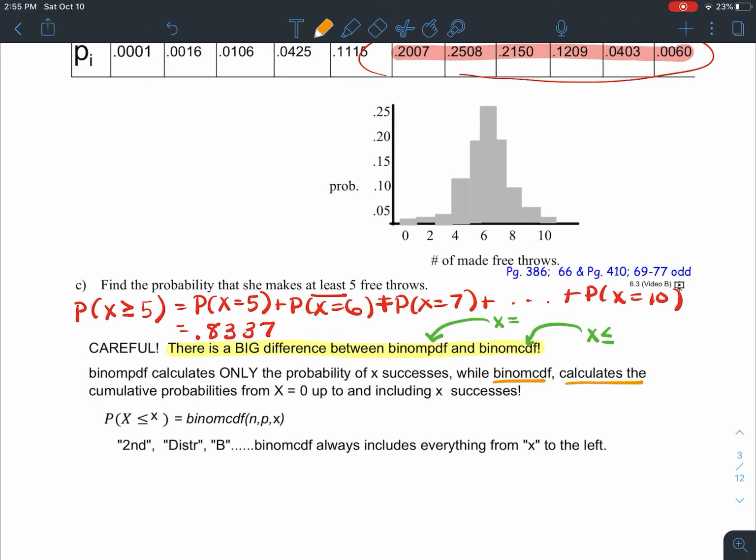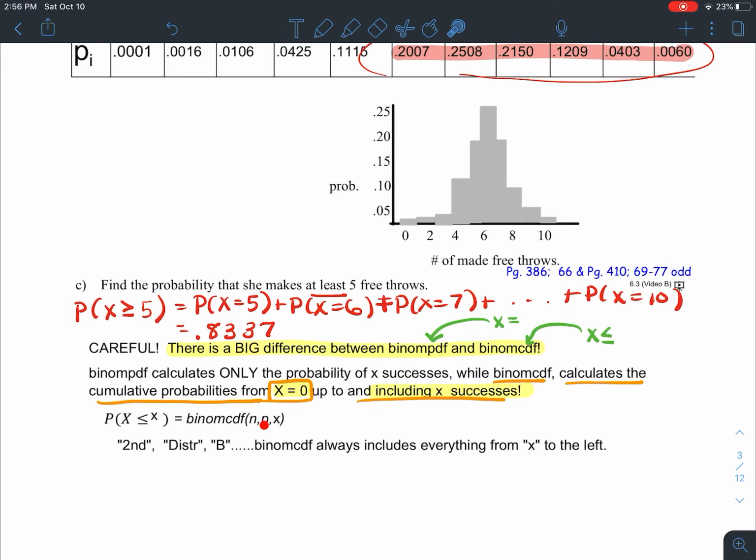Binomial CDF will calculate the cumulative probability starting at where x equals 0, and then it includes all the way up to the number that you would be putting after this less than or equal to. It works as a less than or equal to symbol. So the inputs are the same.